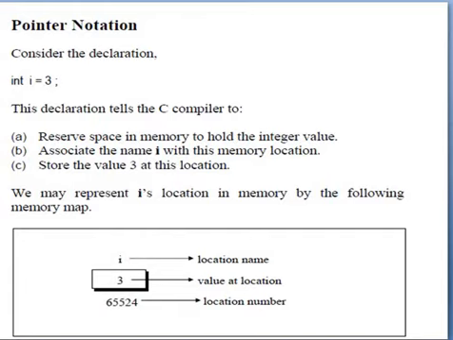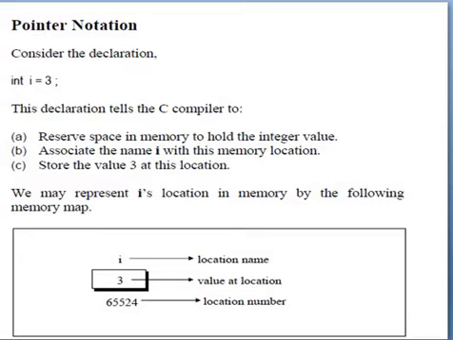This declaration tells the C compiler to reserve space in memory to hold the integer value, associate the name i with this memory location, and store the value 3 at this location.